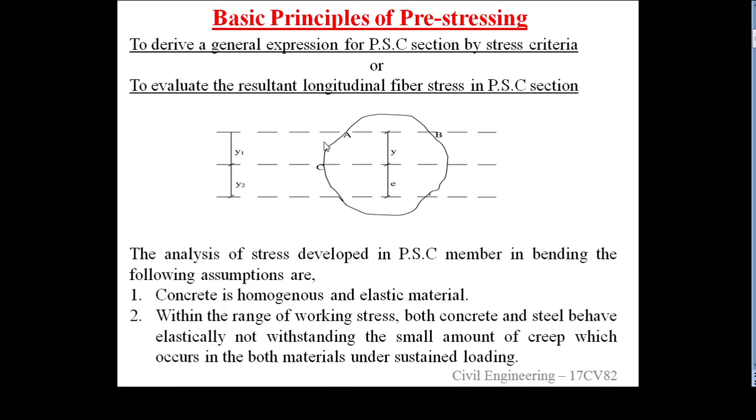What does that mean? Working stress means both concrete and steel are elastic, that is, they regain their original property after we remove the external load on them. This is the meaning. We disregard the small amount of creep which occurs in both materials.